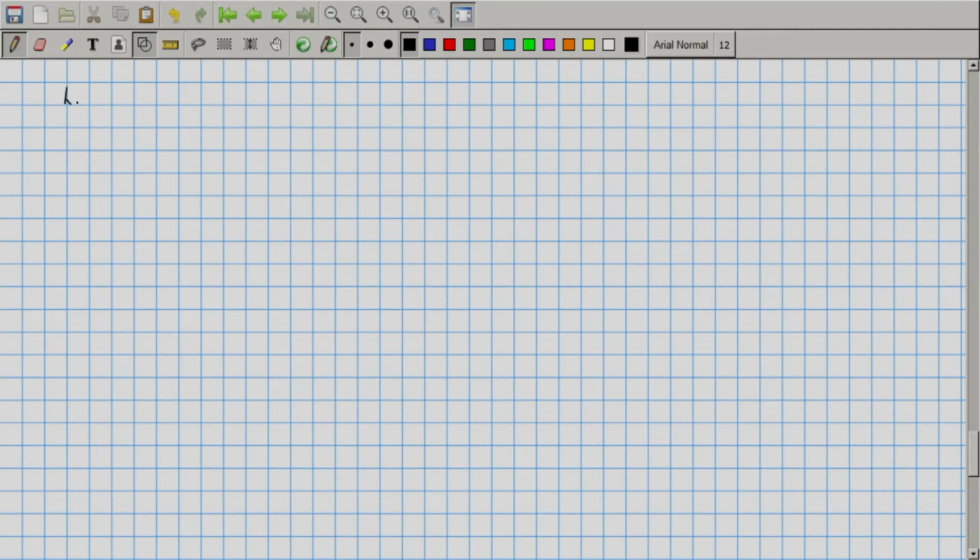So, let x denote the time taken to reach n on the following graph.